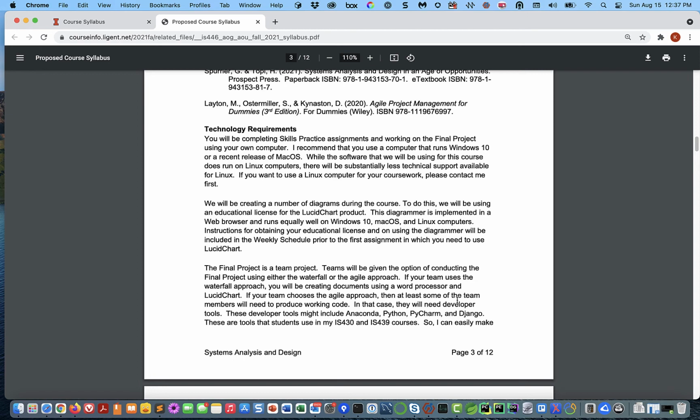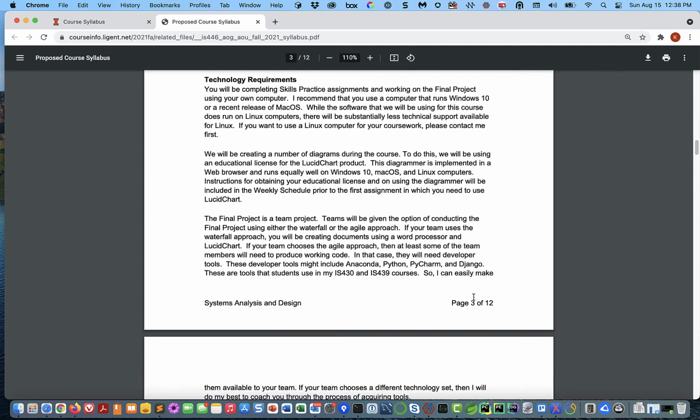What I can make available to the teams, from some of my other courses, is access to Anaconda, Python, PyCharm, Django, all those kinds of things from my IS430 and IS439 courses. I can make sure that you get access to that kind of free software.